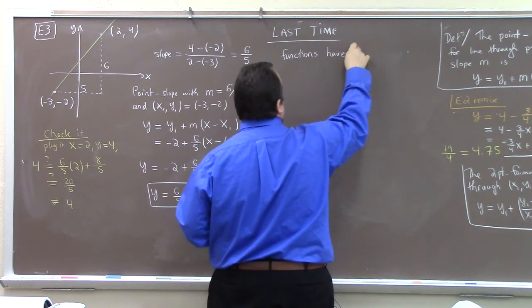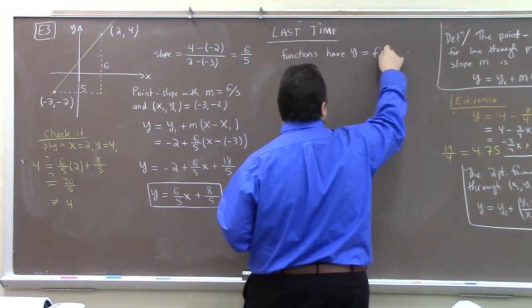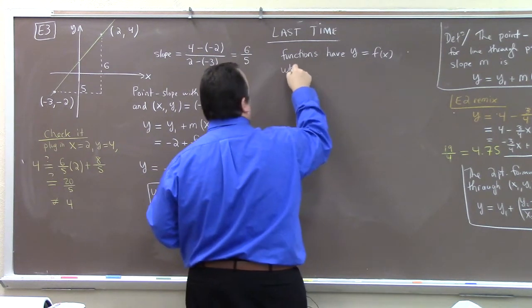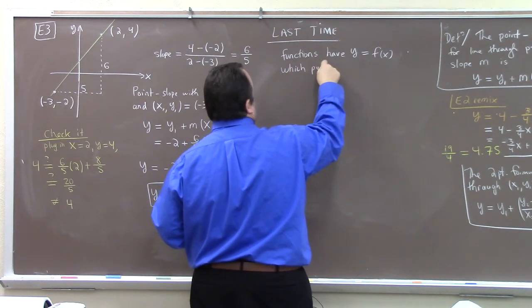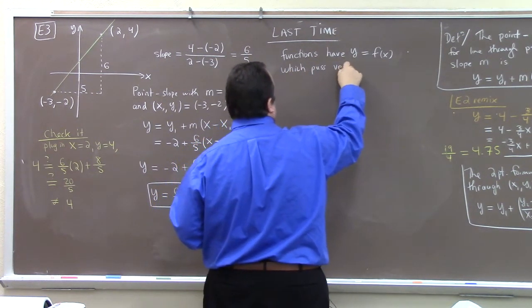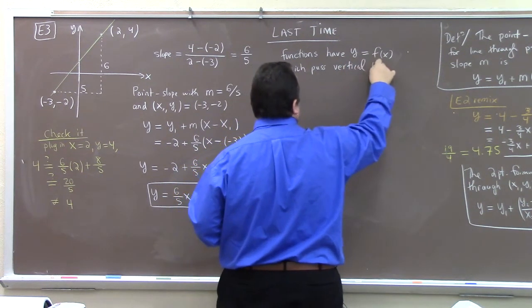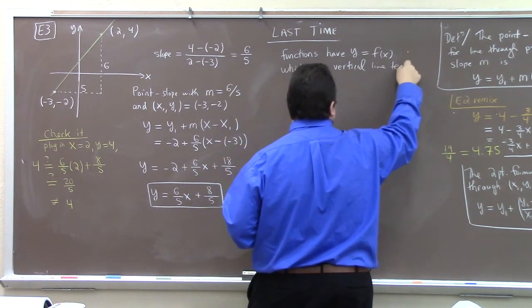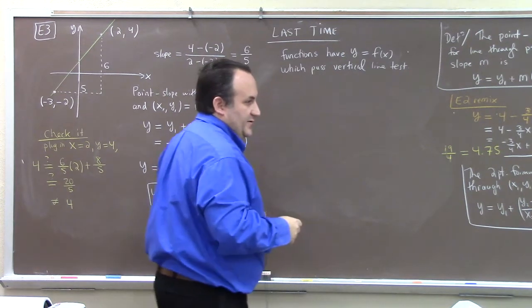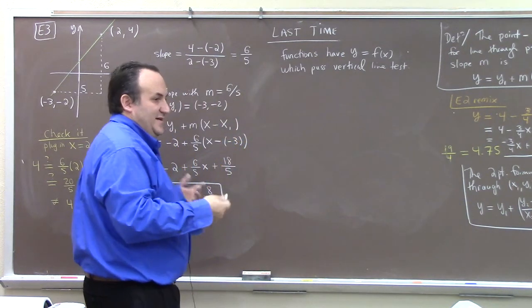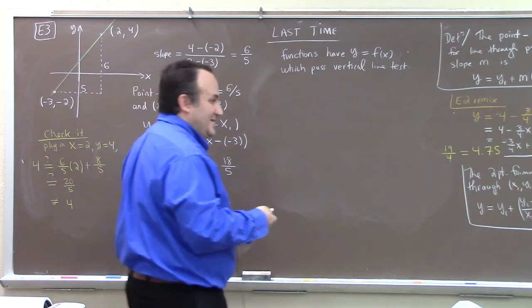They have graphs, y equals f of x, which pass the vertical line test, right? So there's one kind of line which is definitely not the graph of a function.